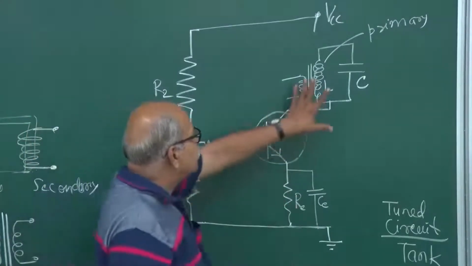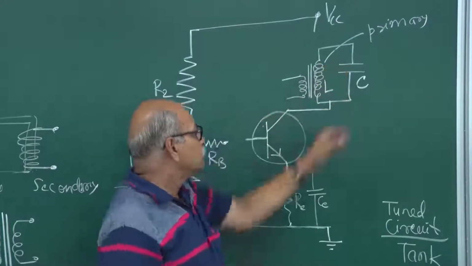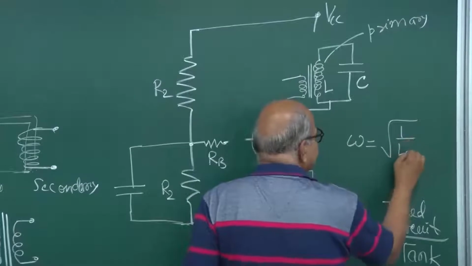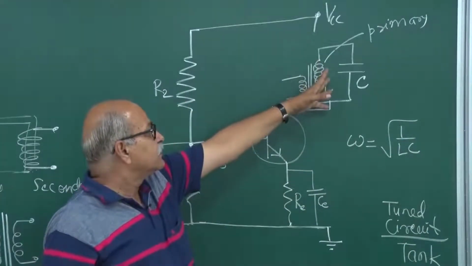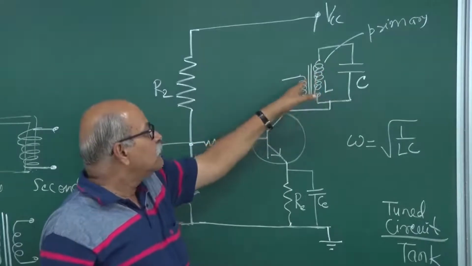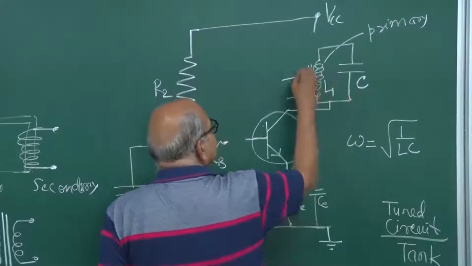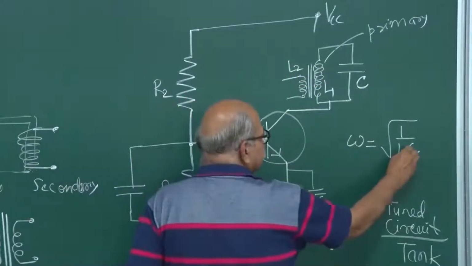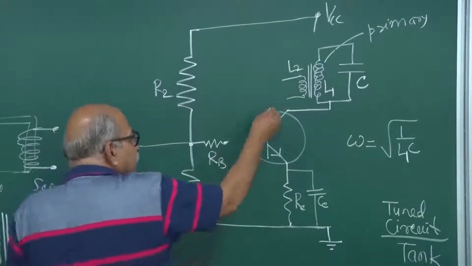So the tuned circuit is there. This is the tuned circuit. It will oscillate at a particular frequency, resonance at this particular frequency, and then whatever voltage is generated, it is coupled to this second coil. If you call this L1, this is L2, so it is coupled to this secondary, and this we are bringing back here.